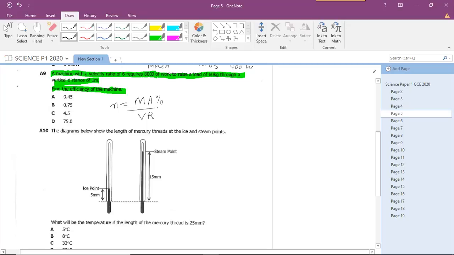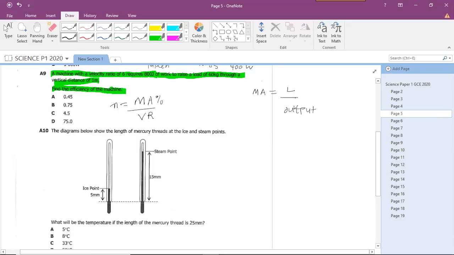Our mechanical advantage will be the load over the output energy.